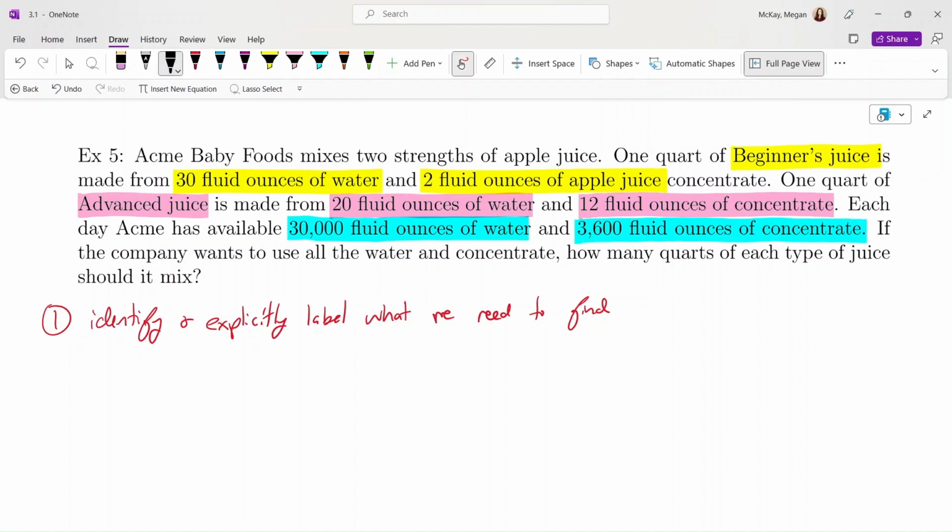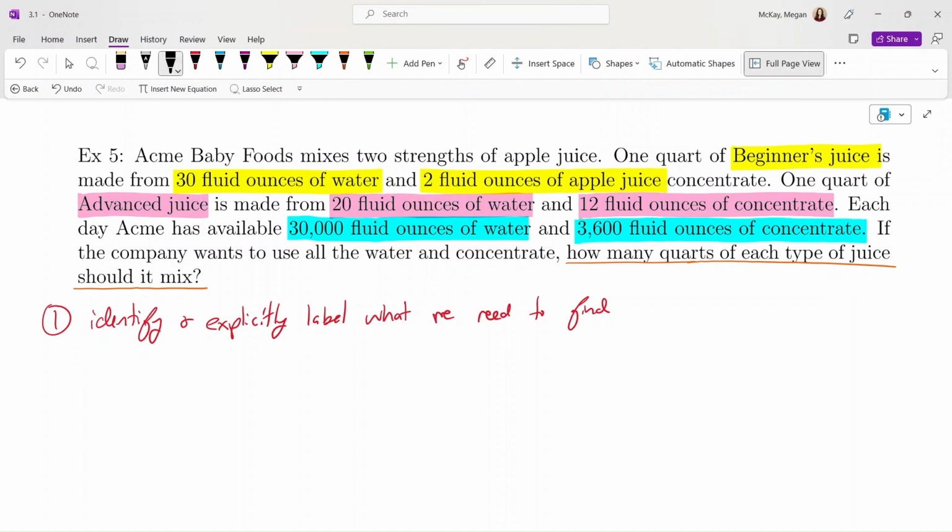So it is very important to start by identifying and explicitly labeling what we are trying to find. So let's reread the question. If the company wants to use all of the water and all of the concentrate, how many quarts of each type of juice should it mix? That's the question. How many quarts of each type of juice should it mix?